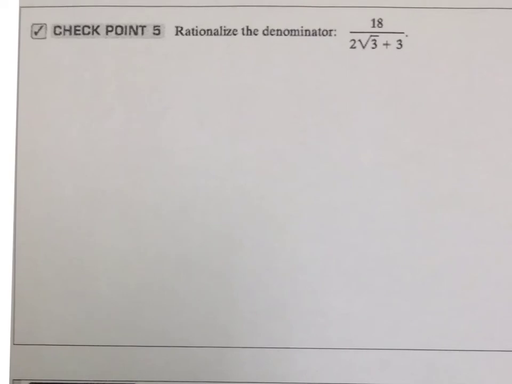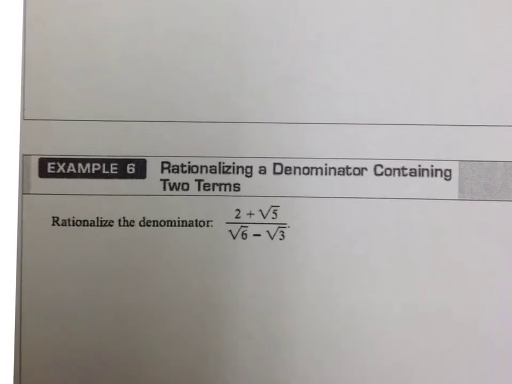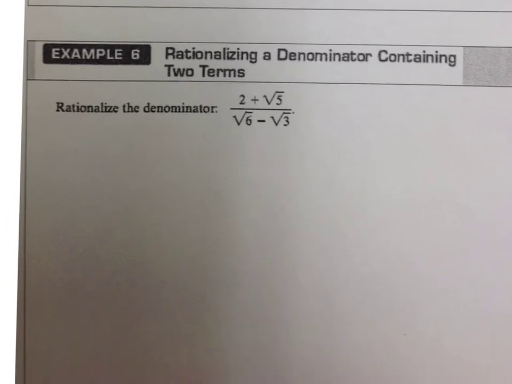Okay, checkpoint 5, the answer is 12 times the square root of 3 minus 18. Let's look at example 6. Okay, this time I've got a minus b.